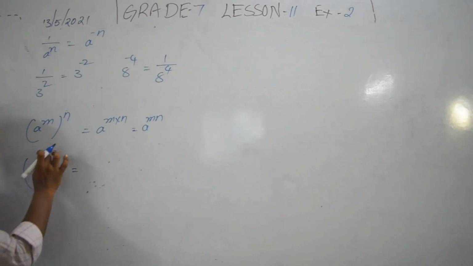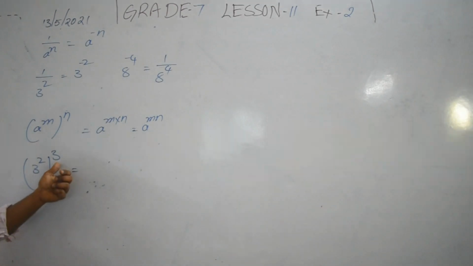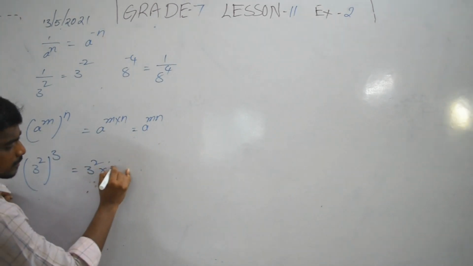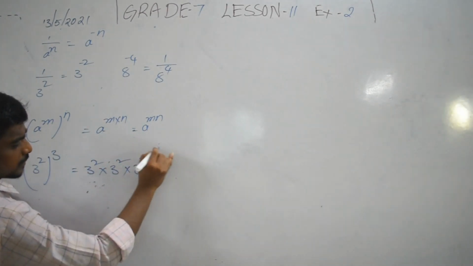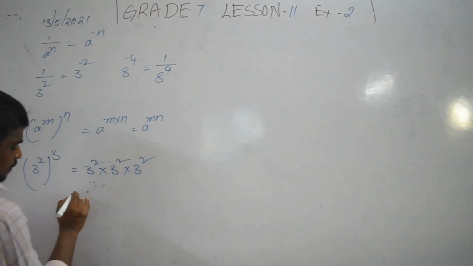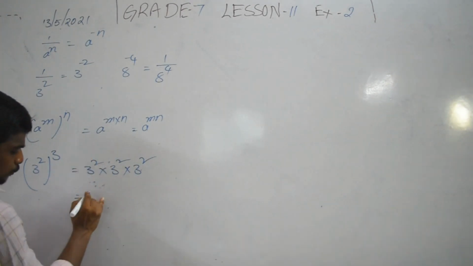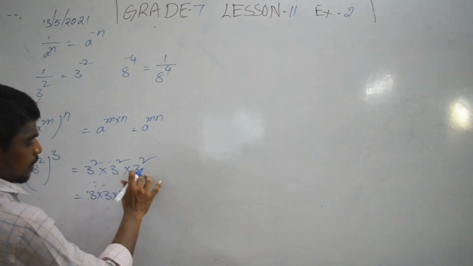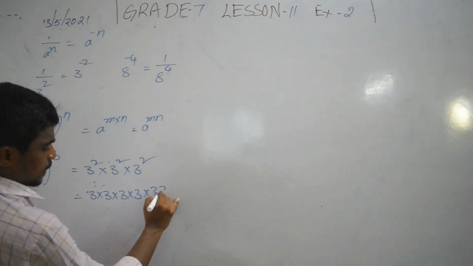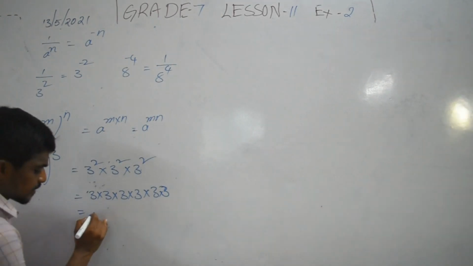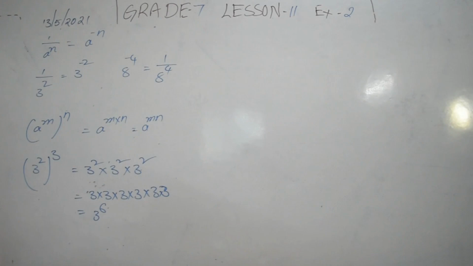How many times are we multiplying 3 square? 3 times: 3 square, 3 square, 3 square. Here the bases are equal, so the powers are added. Or 3 square is 3 into 3, 3 into 3, 3 into 3. So now 3 is multiplied 6 times: 3 power 6.